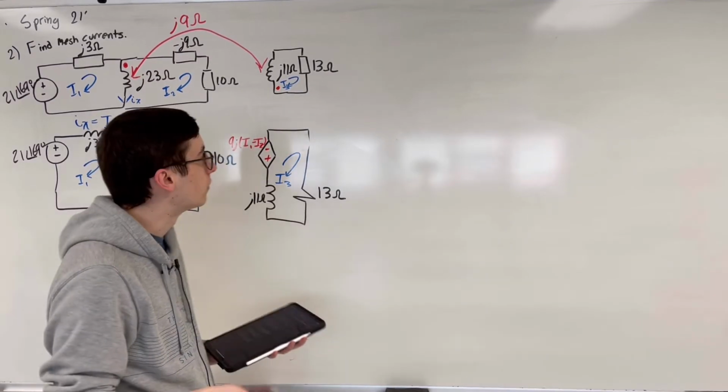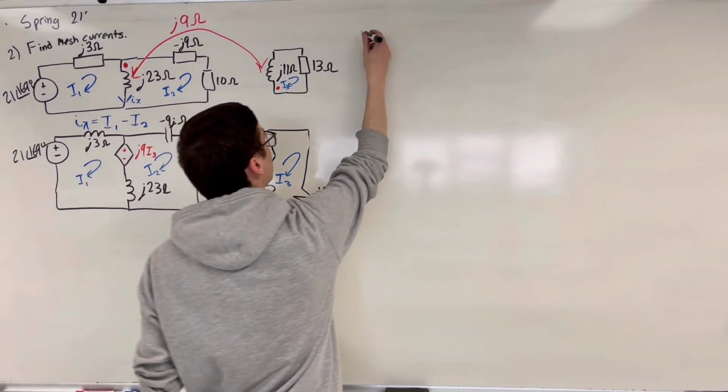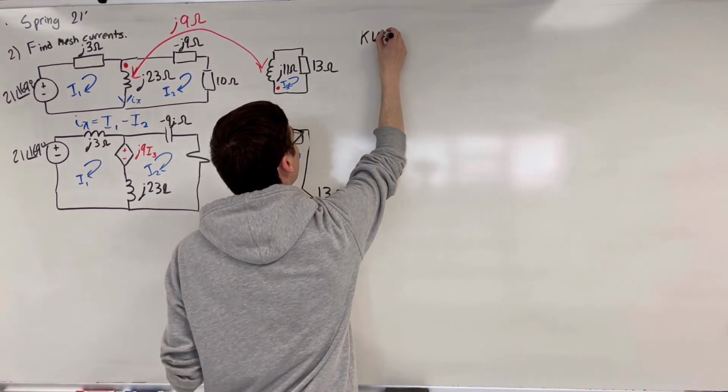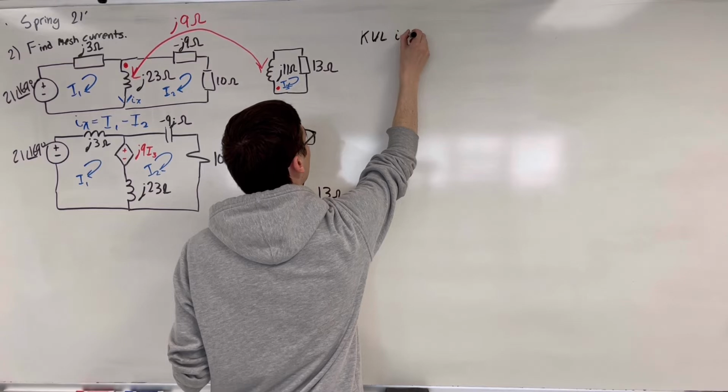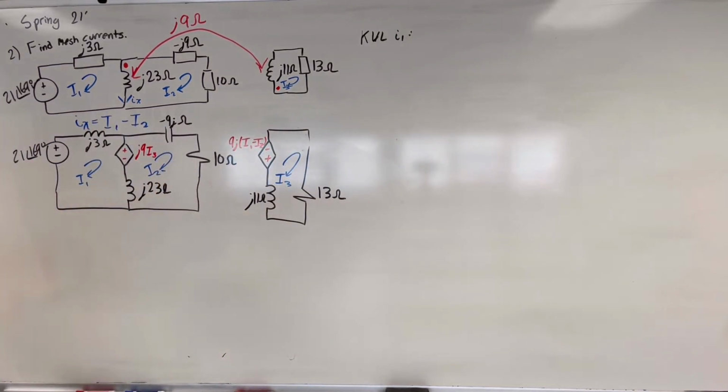Now it's time to solve for our mesh currents. I'm going to start with I1. So we're doing KVL.